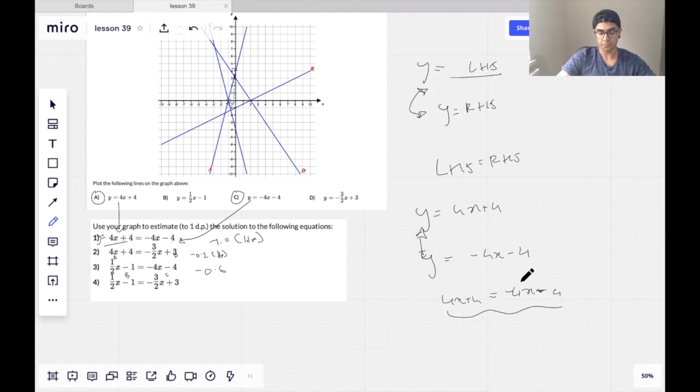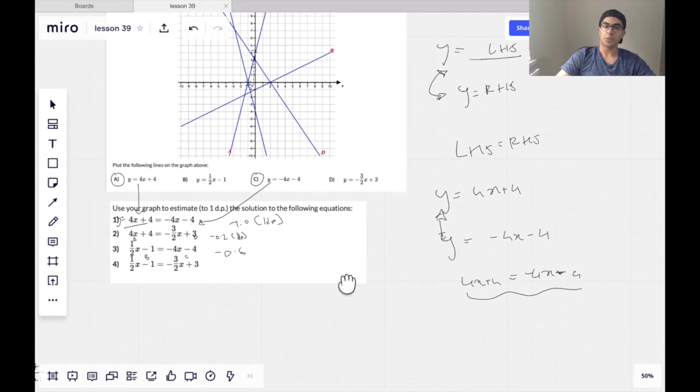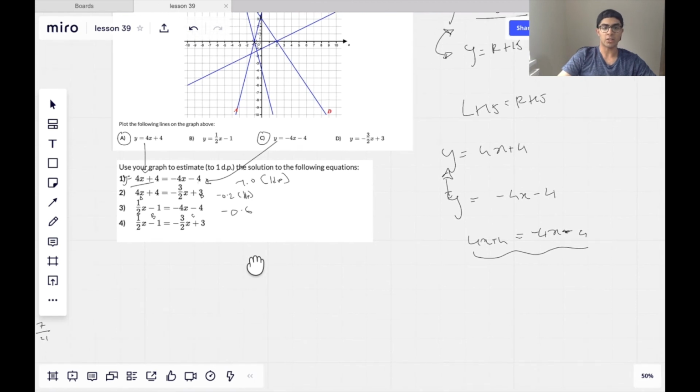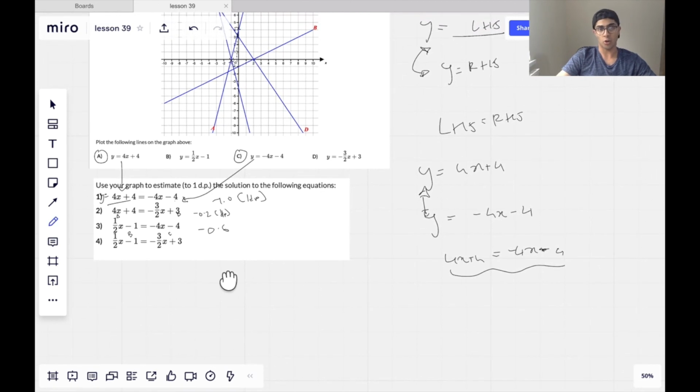Sometimes if the examiners are feeling a bit trickier and a bit mean, they'll give you two equations of a straight line, and it won't actually be in the form of the equation you want to solve.